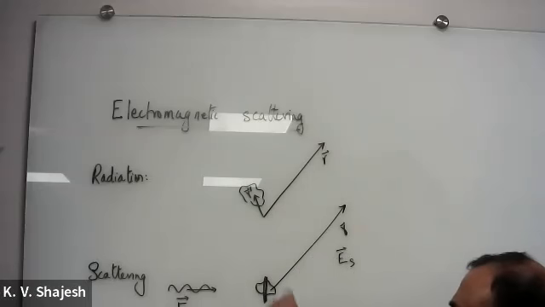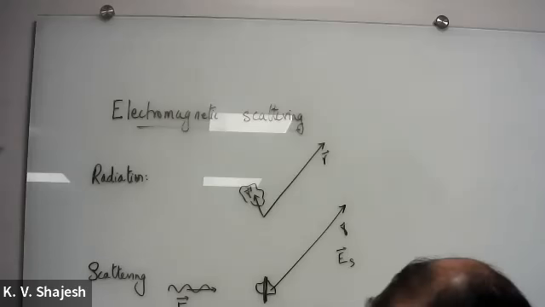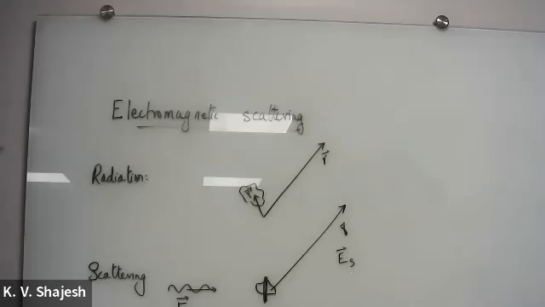The incident field comes in, disturbs the material, and the dielectric function properties of the material decide the polarization that will be induced, and that polarization, if it has time dependence, causes scattering.